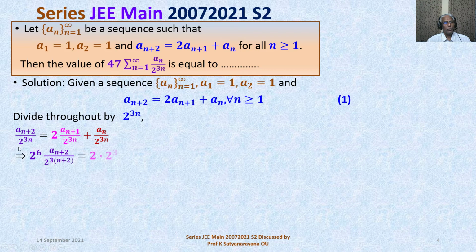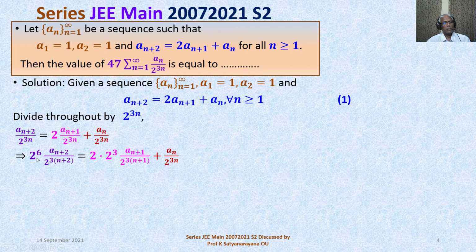That is equal to 2 power 6 into a_(n+2) by 2 power 3 into n plus 2, balanced, is equal to 2 into 2 cube into a_(n+1) by 2 power 3 into n plus 1, balanced, plus a_n by 2 power 3n. There is nothing to balance here.